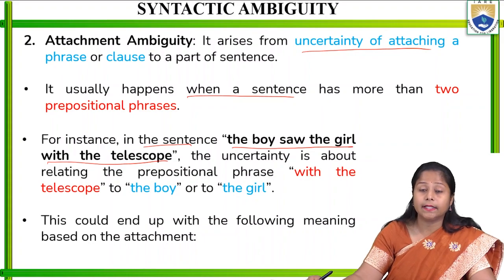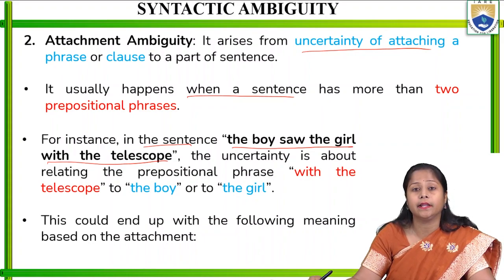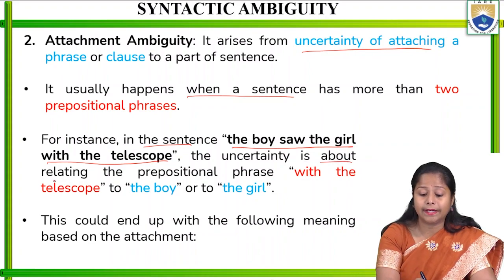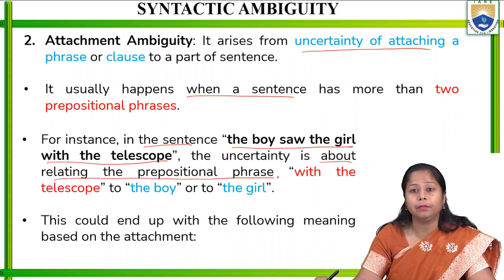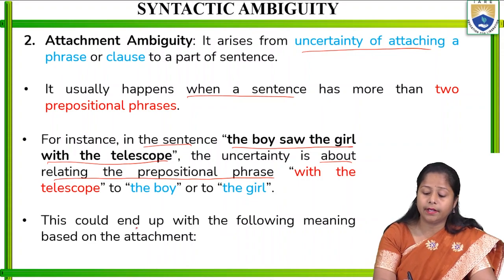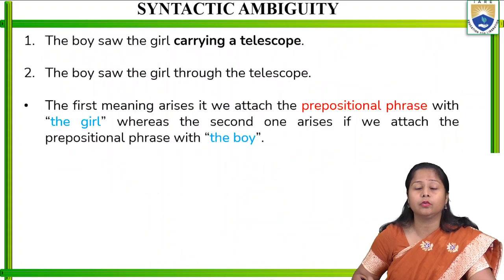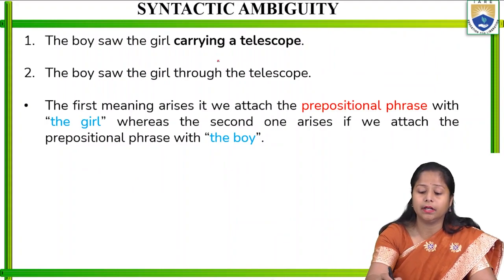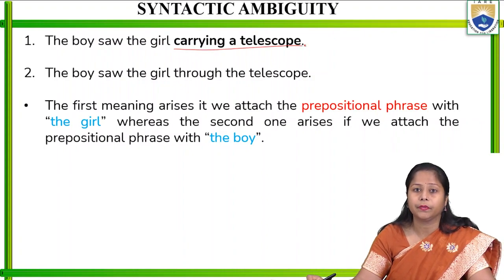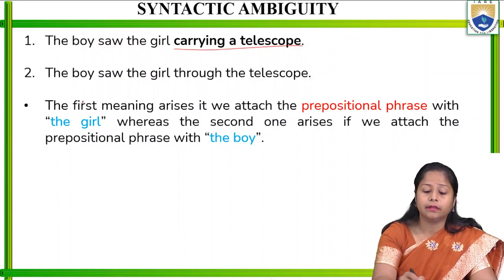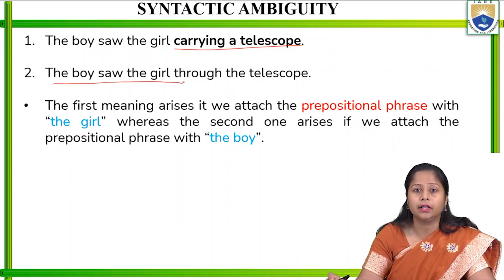What does it mean? It is going to give uncertainty relating to the prepositional phrase, with the telescope. So it can be the boy or the girl. It will be either the boy or the girl. So this could end up with the following meanings based on the attachment. There can be two interpretations. The first interpretation can be: the boy saw the girl carrying a telescope, and the next interpretation can be: the boy saw the girl through the telescope.